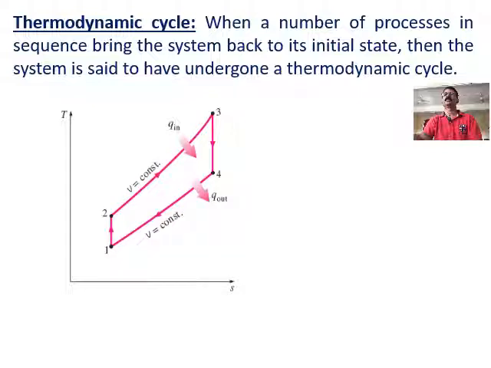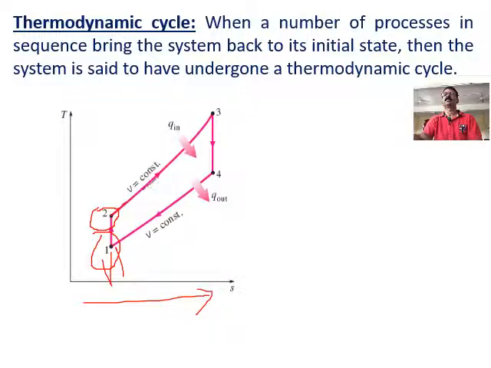Now look at this temperature entropy diagram. This is point 1. There is a process 1 to 2 and the system undergoes a change of state. Now this line is vertical, and this is the entropy axis. If I draw this vertical line, it is 90 degrees. S1 is equal to S2, meaning it is a constant entropy process, or isentropic process.